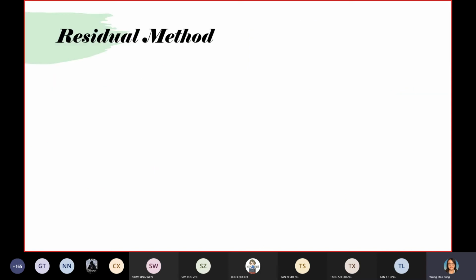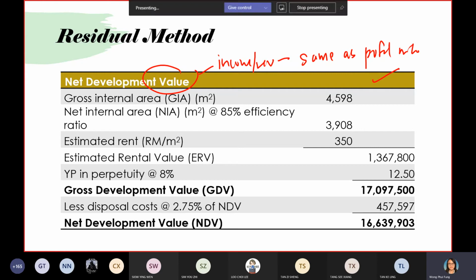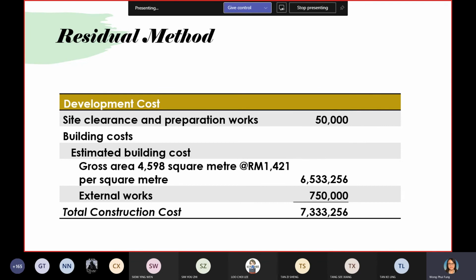Okay, for the income part, the revenue part, same as the profit method. So same, no change. I'm not going to repeat. The way of calculation still remains the same as the profit method. Then under the costing part, no more land cost. So straight away you calculate the construction cost. The way of the calculation remains unchanged.